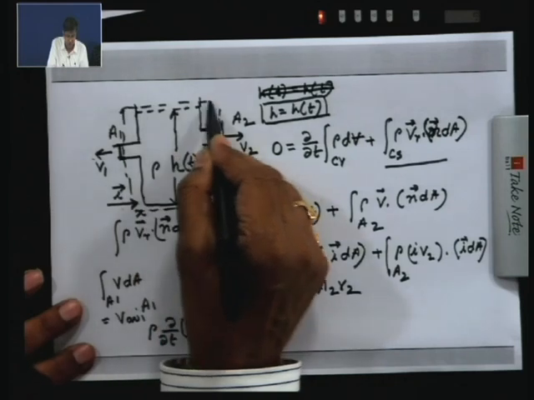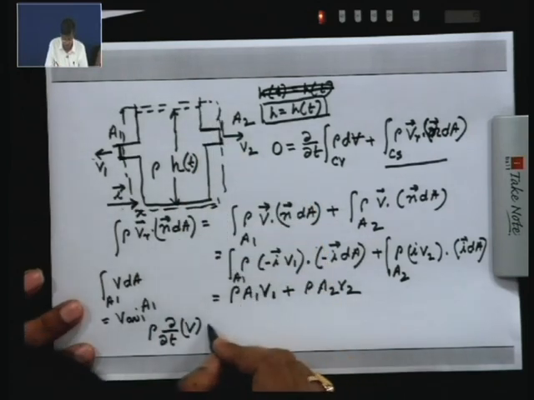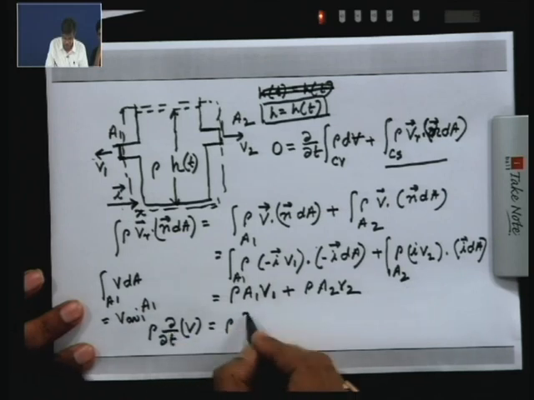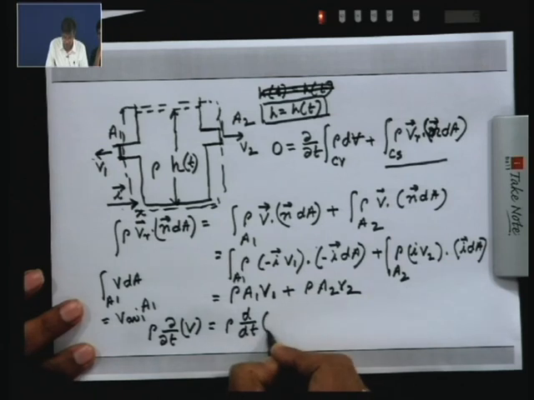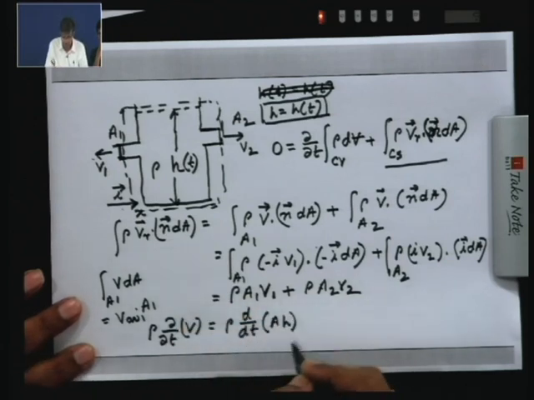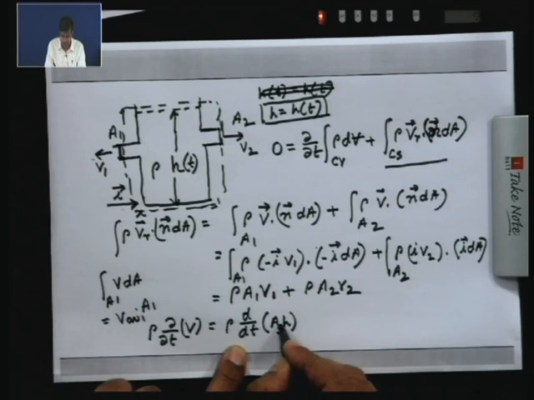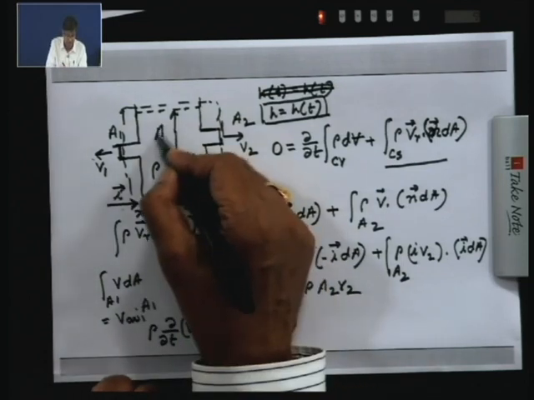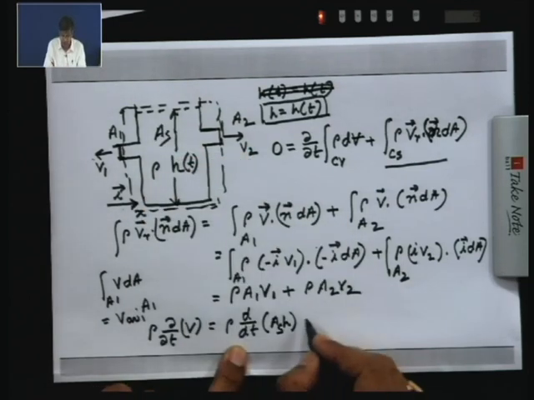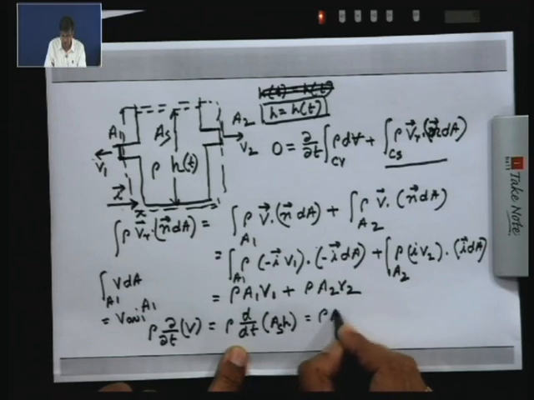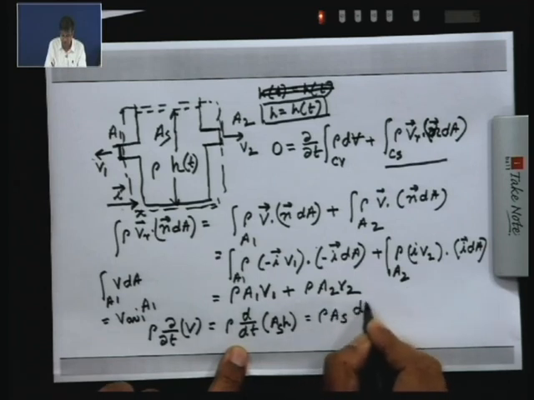So this becomes rho d dt of A into H, a total derivative. This A is the cross sectional area of the tank, let us define it as AS, which is constant. So I take rho AS dH dt.